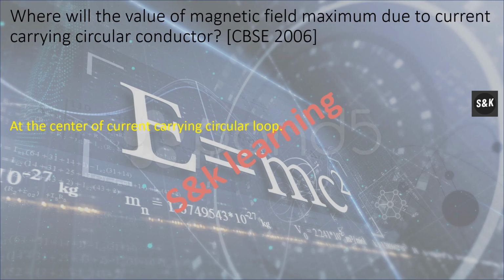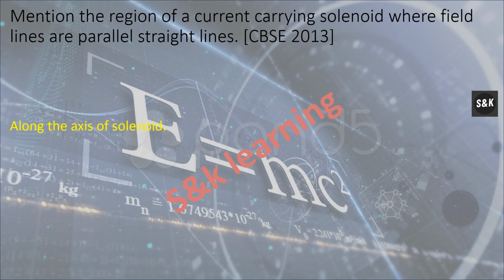Where will the value of the magnetic field be maximum? It is maximum due to a current carrying circular conductor at the center of the current carrying circular loop. Mention the region of the current carrying solenoid where field lines are parallel straight lines. Along the axis of the solenoid.